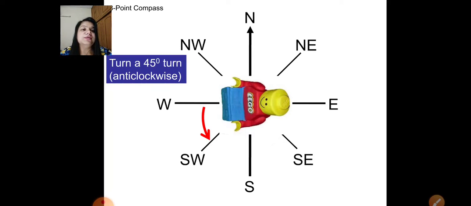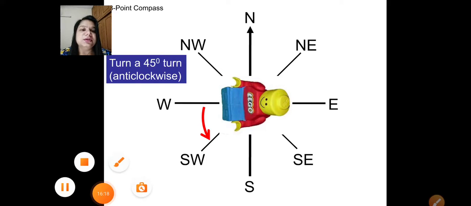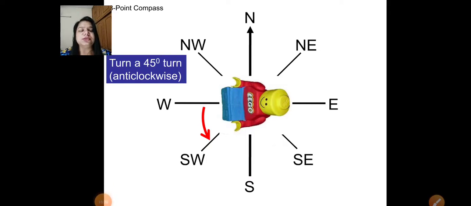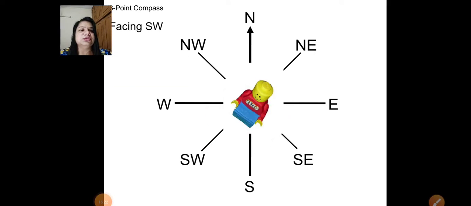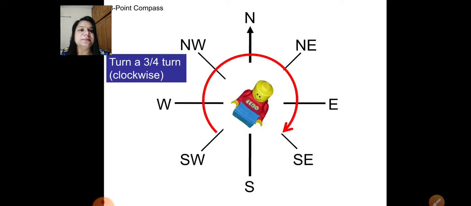So if it has to move 45-degree angle anti-clockwise direction, where will it reach? It will be at southwest direction. So when it moves 45-degree, it will reach into southwest direction. So just check. Now it is in southwest direction.